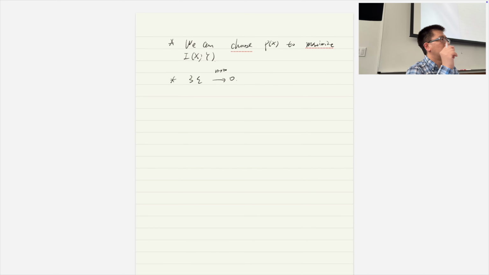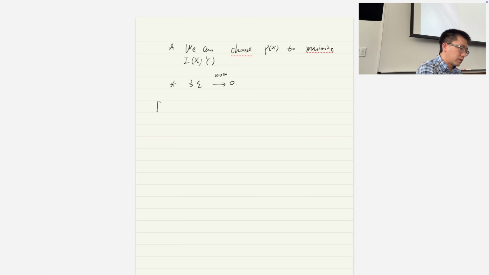There's only one more step left. We need to go from the average error probability to the maximum error probability. Okay, so that's the last step.